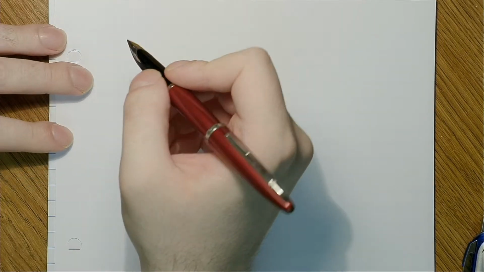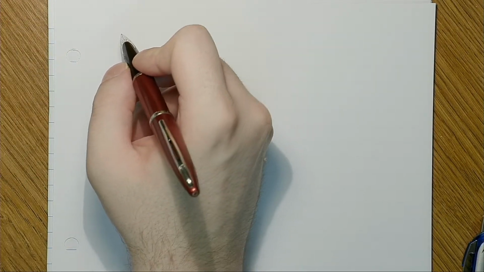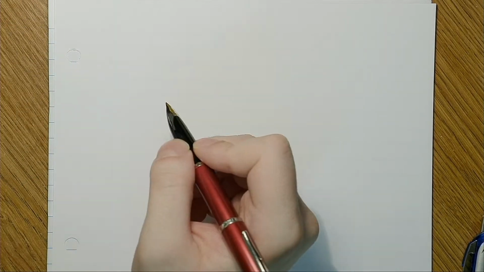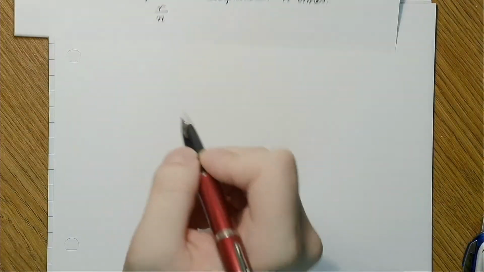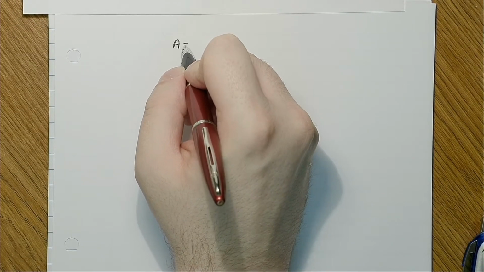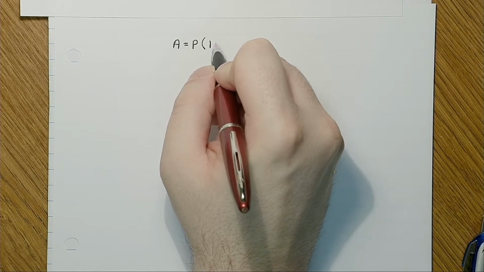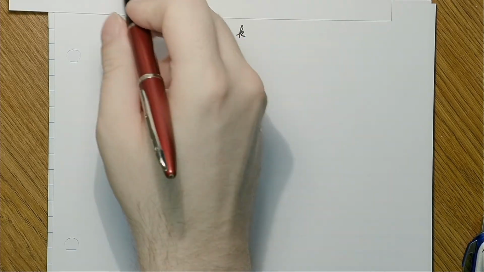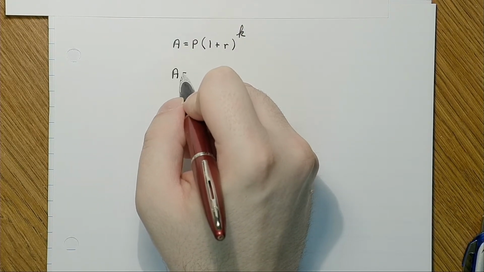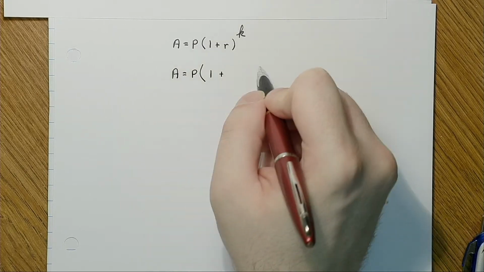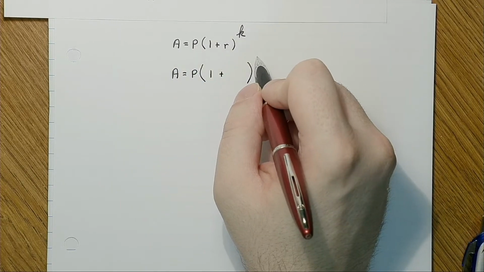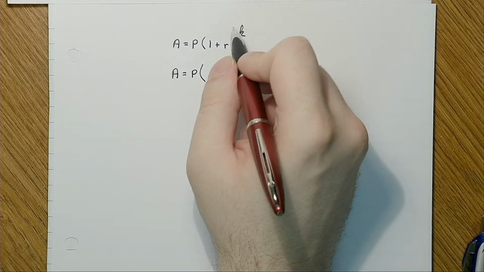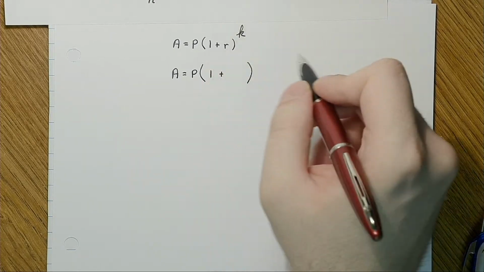So going back to my original equation, I had A equals P, the principal, times 1 plus the interest that I've earned, raised to the K. Well, this K is going to get replaced.